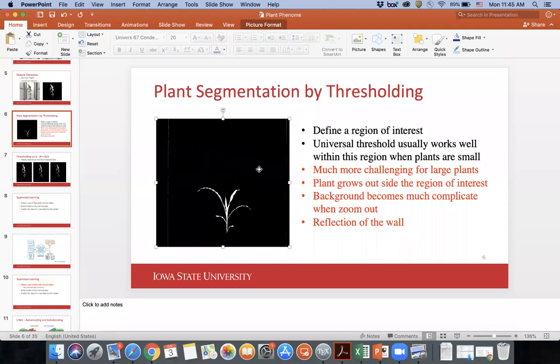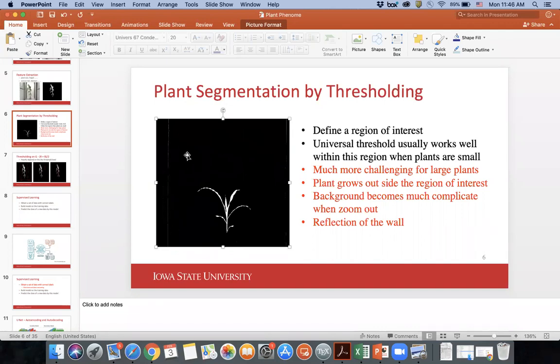So let me explain the first question here. By using this segmented image, which is just for illustration, we can get rid of the background noise easily by using morphological operations, namely dilation and erosion.